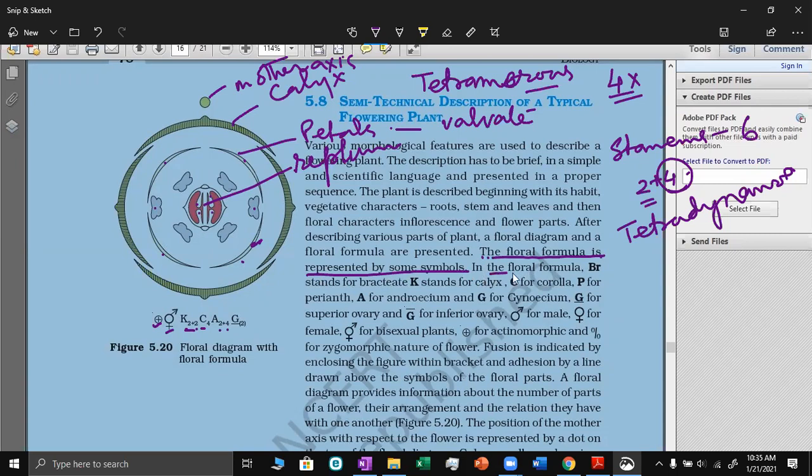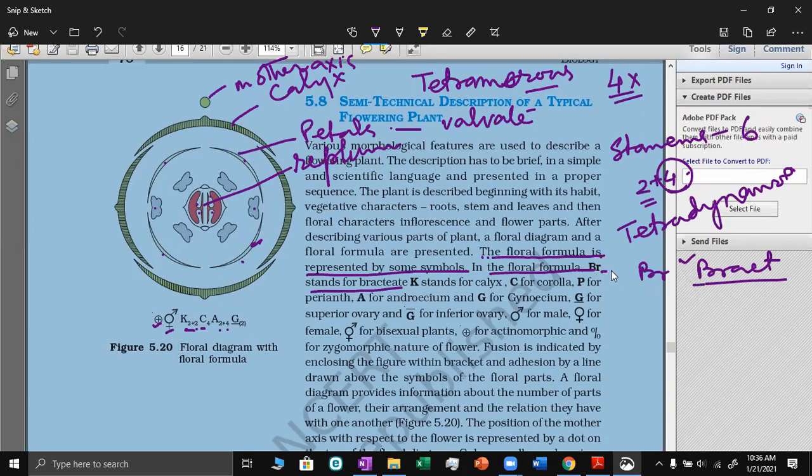In the floral formula, Br stands for bracteate. Br is bract, so the flower has a bract. Bract is a leaf or leaf-like structure at the base of the flower, usually at the base of the pedicel, that is the stalk of the flower.